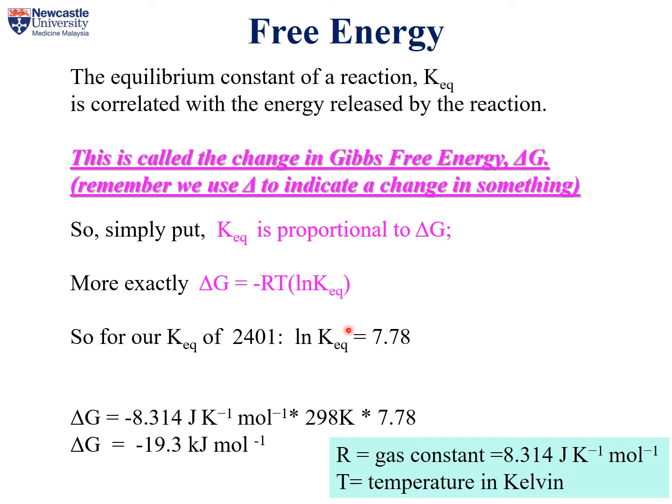In our previous example, KEQ is 2400. Fitting this value into the formula, you will get delta G as negative 19.3 kilojoules per mole. Whenever the value is negative, it means that this reaction will happen spontaneously.